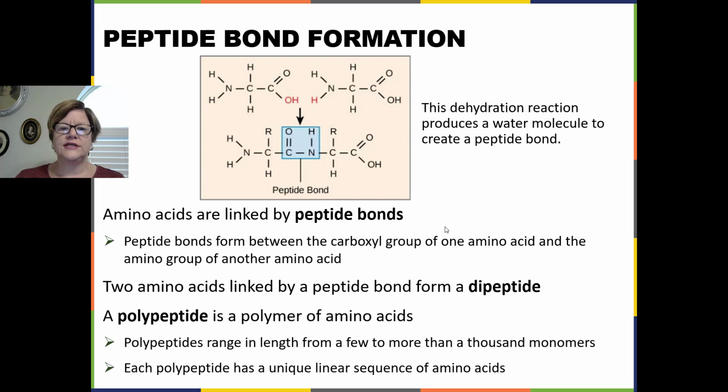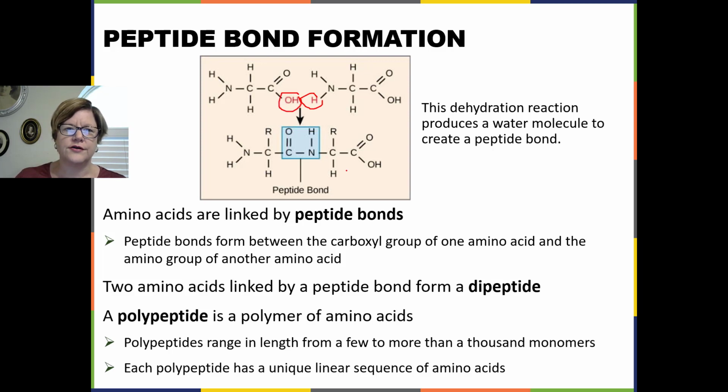A protein is amino acids joined together by dehydration synthesis. And when the amino acids are joined together, they're always joined in this way. The hydroxyl portion of the carboxyl group on one amino acid interacts with the hydrogen portion of the amino group on the next amino acid.